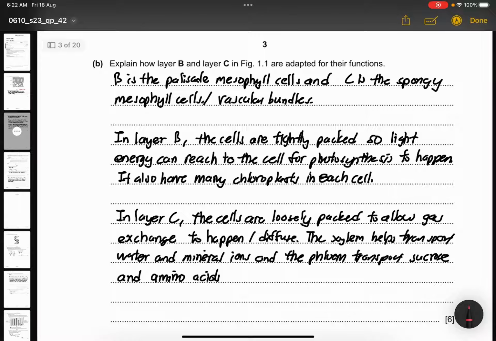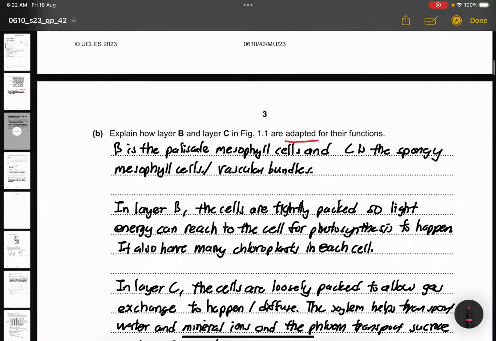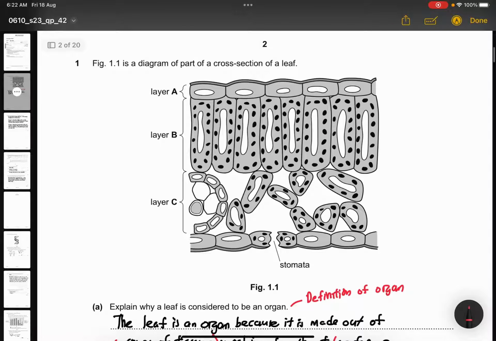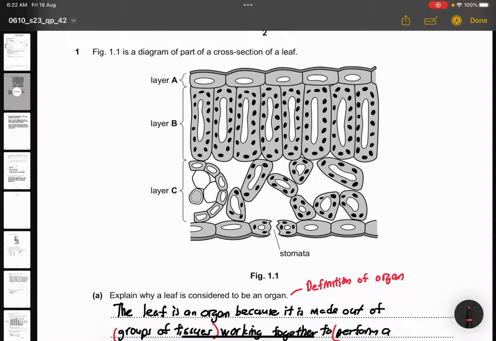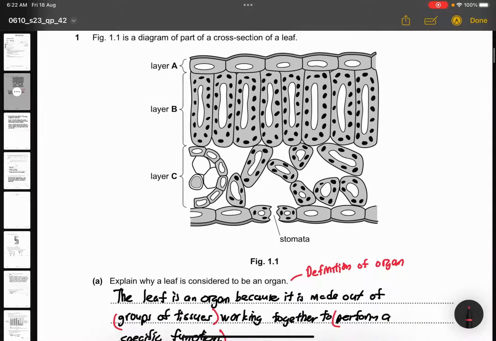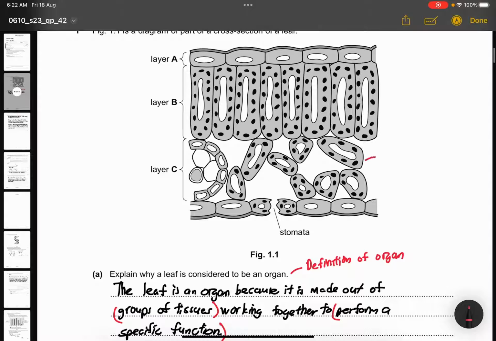Part B. Explain how layer B and layer C in figure 1.1 are adapted to their function. So they want you to explain their adaptation. However, when I was doing this paper during the exam, I had a misinterpretation for layer C, because it could either be the spongy mesophyll cell or the vascular bundle.